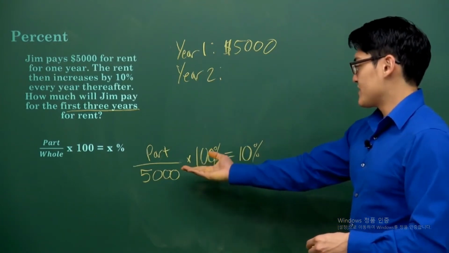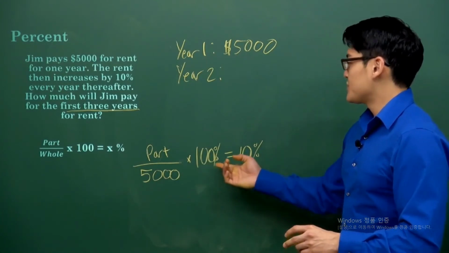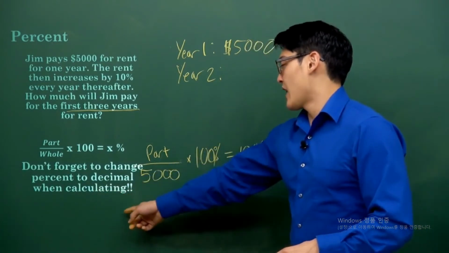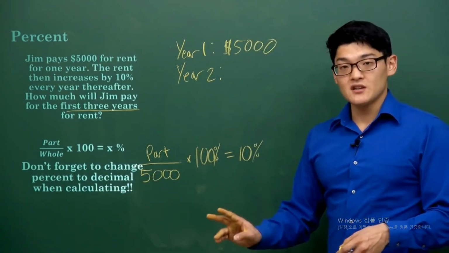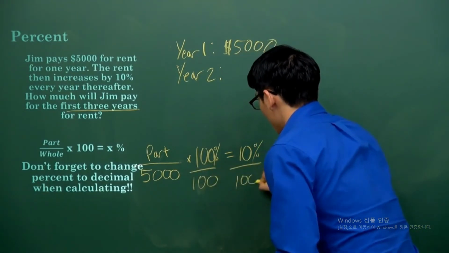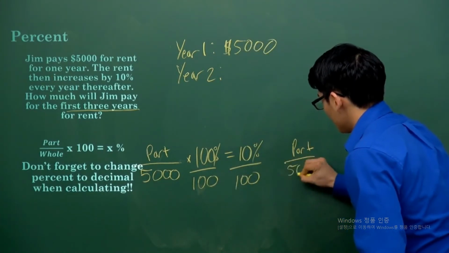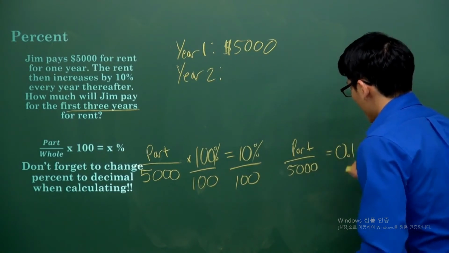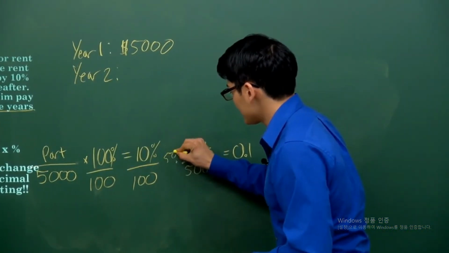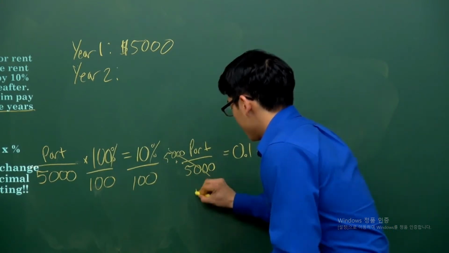So this is just a longer way of going about this, but what you're going to do, do not forget to change the percent to decimal when calculating. So 10% should be transformed into 0.1, and this is done by dividing by 100 on both sides, and you're going to get part over 5,000 equals 0.1. We're going to use algebra and multiply 5,000 times 0.1 to get how much his rent will increase.